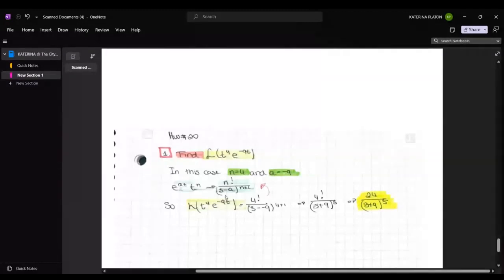Yes. Okay, so I have this question. It's from lecture 20. It looks something similar to question 1. So I have to find the Laplace of t to the power of 4 times e to the power of -9t.